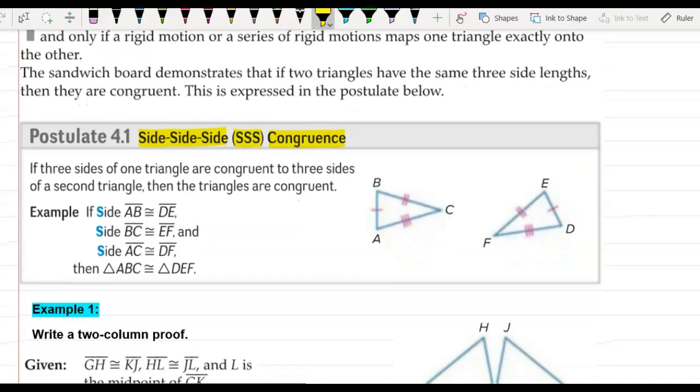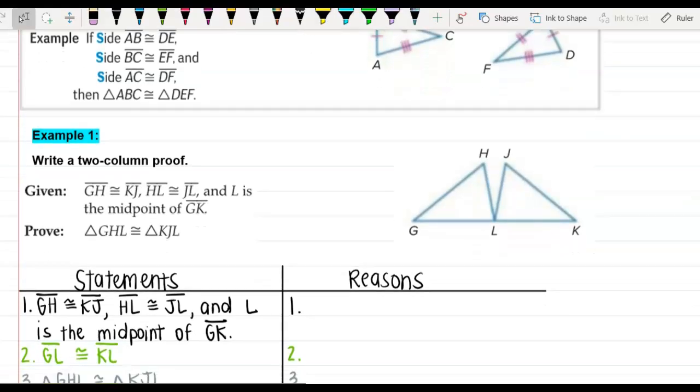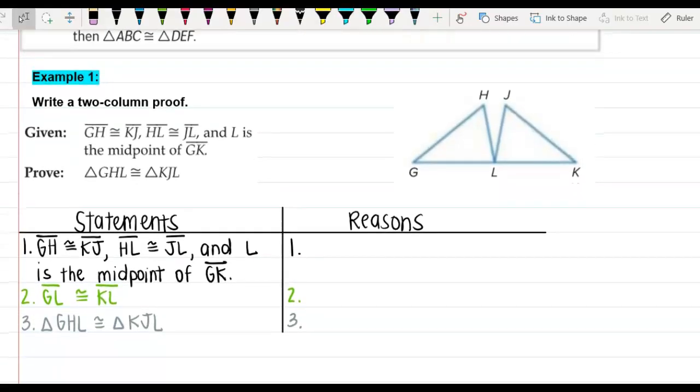So I tried to start out super simple for us. I already wrote out all the statements for our 2-column proof. We just have to figure out the reasons. Just to go back on how we write a 2-column proof, we always start with the given. If you want to make a little note for yourself, this is what you start with, and this is what you end with.